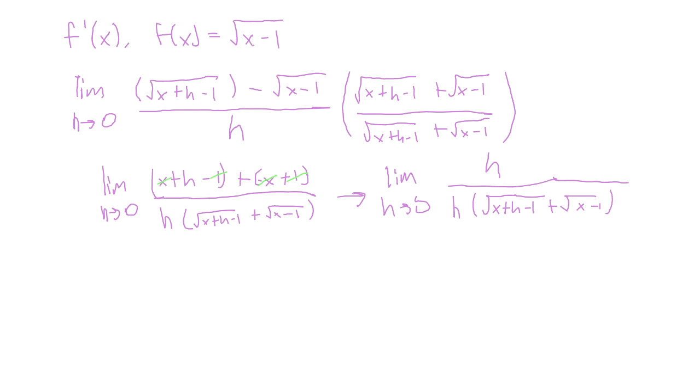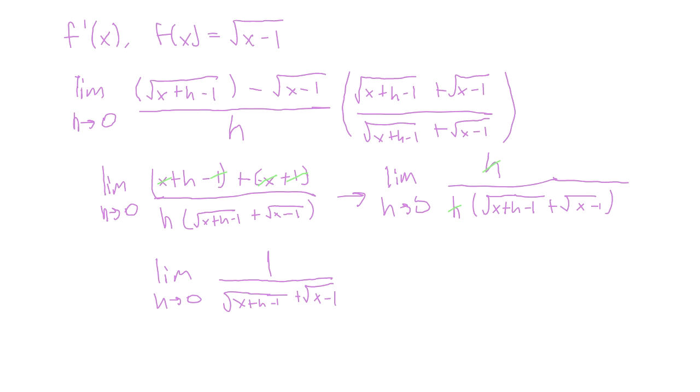Well, these h's can cancel out as well. So now we're down to just 1 over the square root of x plus h minus 1 plus the square root of x minus 1.